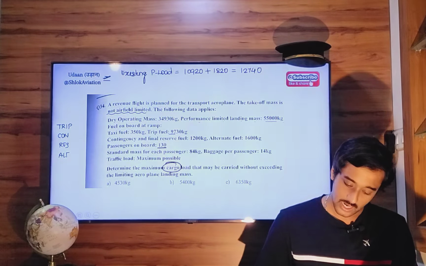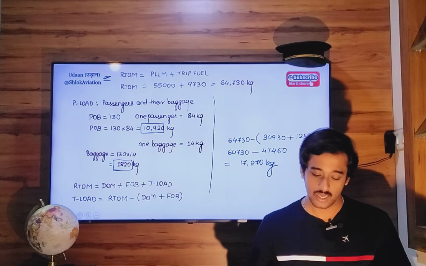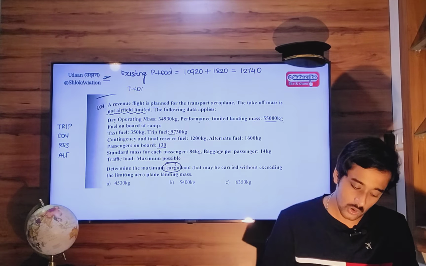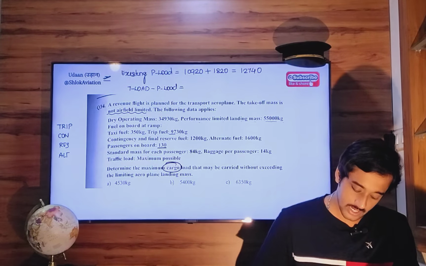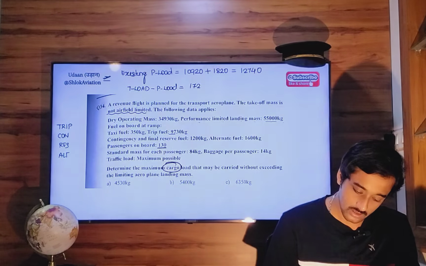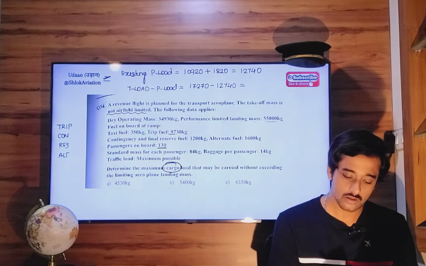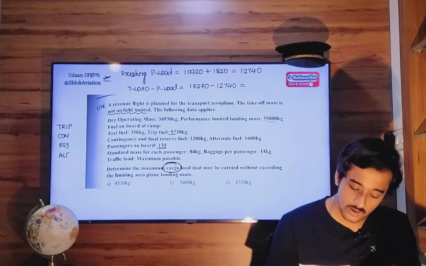Okay, that means how much space is remaining? Traffic load minus payload: 17,270 minus 12,740 is 4,530.